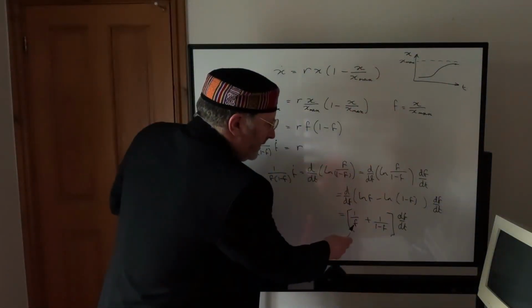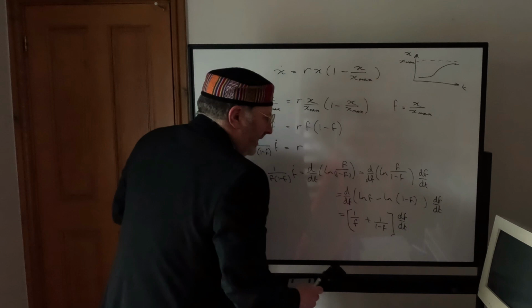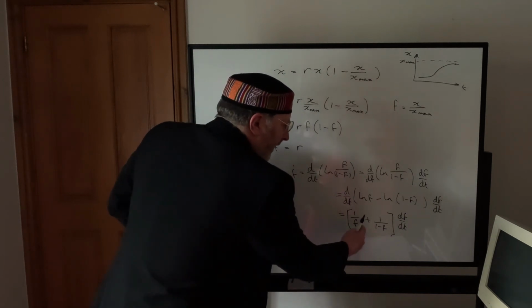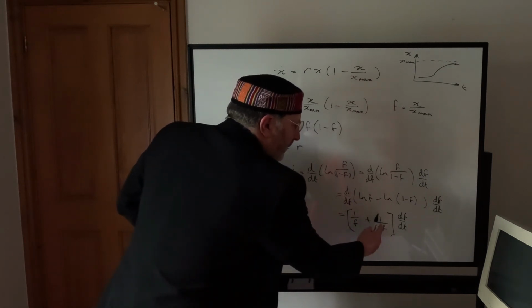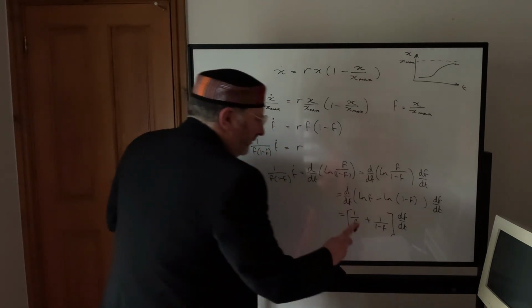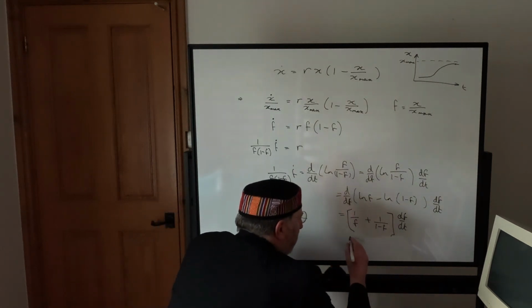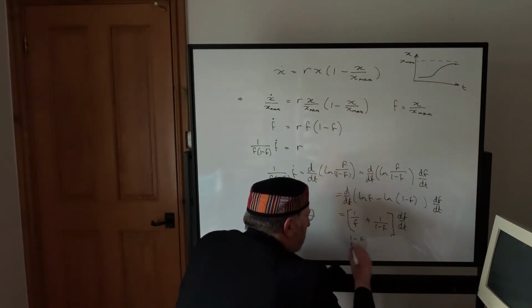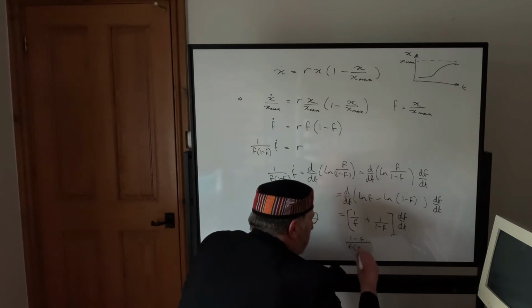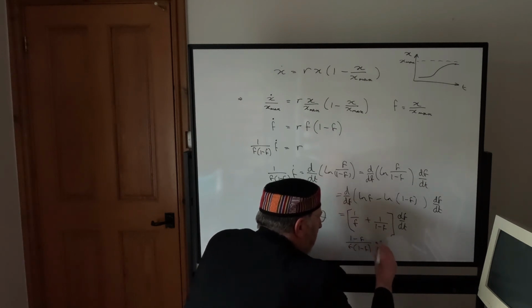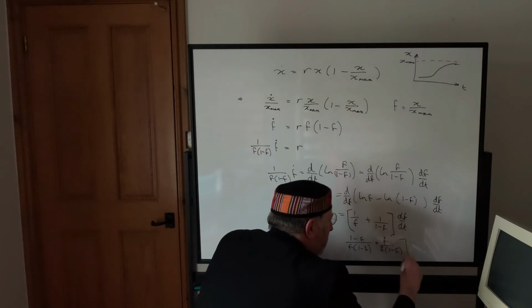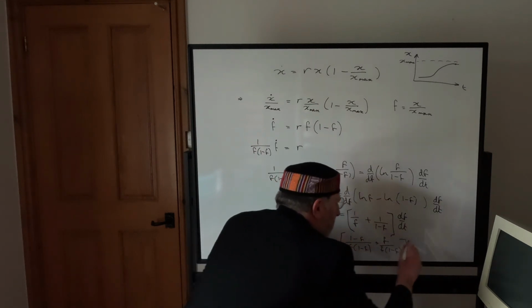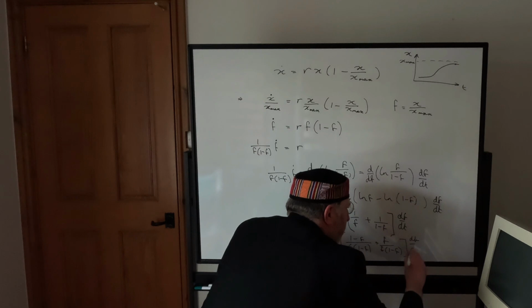So we've now got to put this over a common denominator. We multiply this one by 1 minus f on top and bottom, and we multiply this by f on top and bottom. So it becomes 1 minus f over f times 1 minus f, plus f over f times 1 minus f, times df by dt.